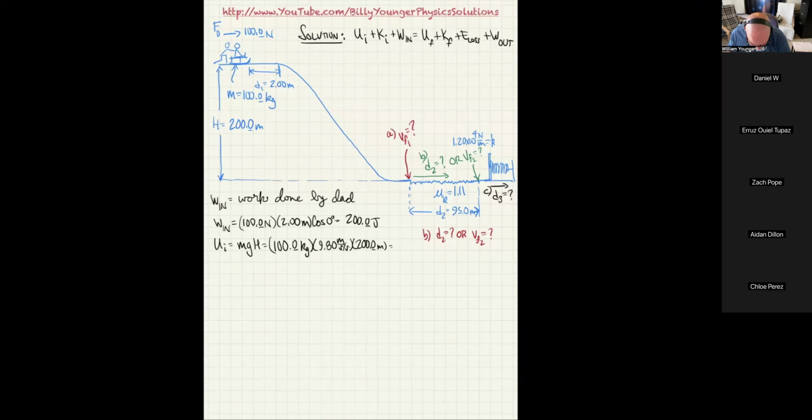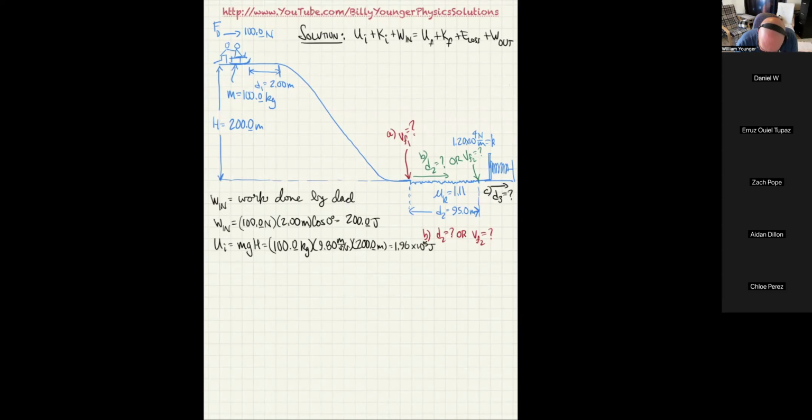I was thinking of the 2 meters that we did for the boy being pushed, but this is literally a height of 200 meters. So this is going to give us like 196,000. So I'm going to call this 1.96 times 10 to the fifth joules. So that's the initial potential energy.